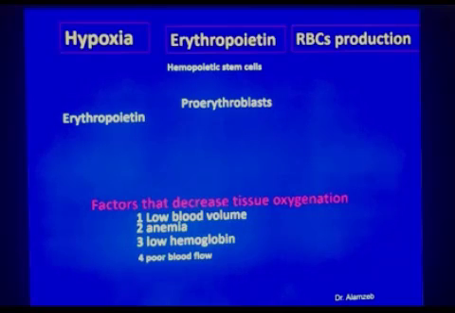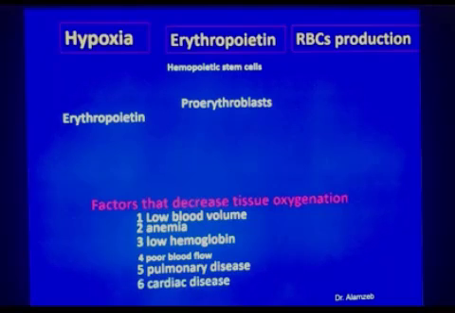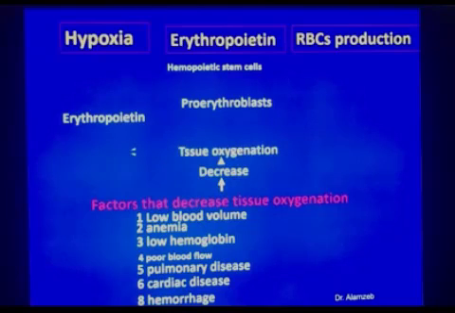When there is cardiac failure, the blood flow is slowed down and less oxygen is delivered. This causes production of erythropoietin. In pulmonary disease, low absorption of oxygen from the lung causes less oxygenation of the tissue and production of erythropoietin. All these factors cause a decrease in tissue oxygenation, and this actually increases production of erythropoietin by the kidney.